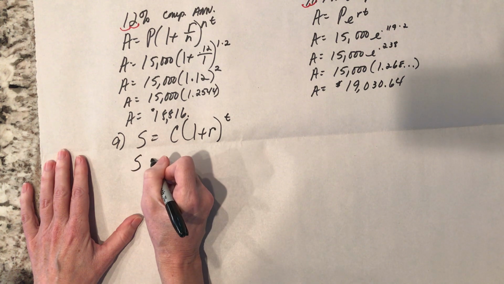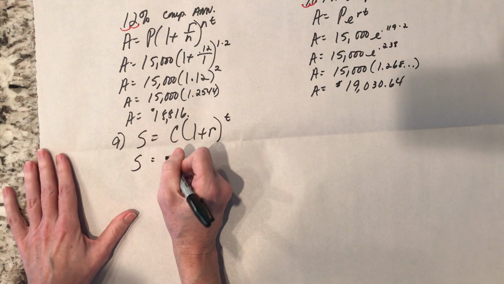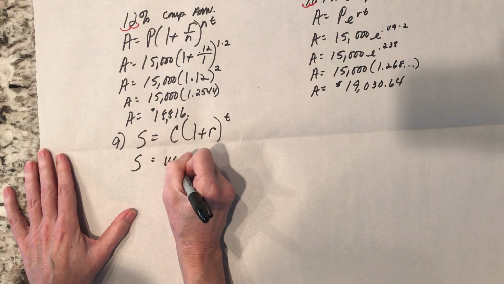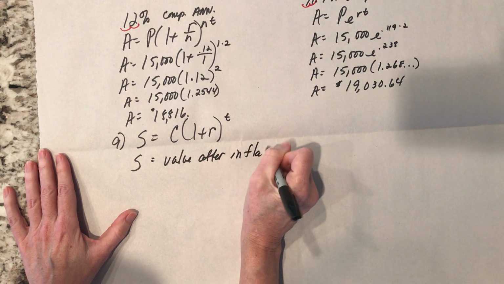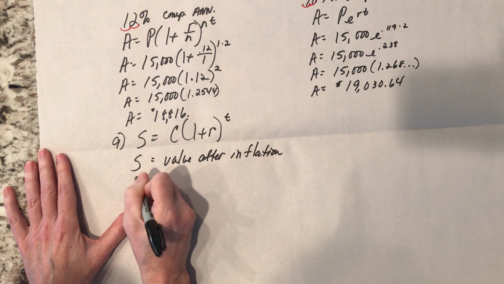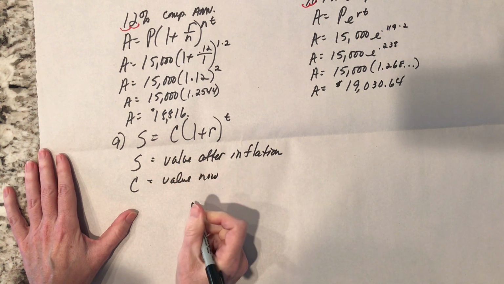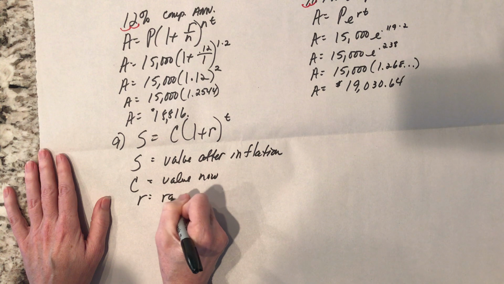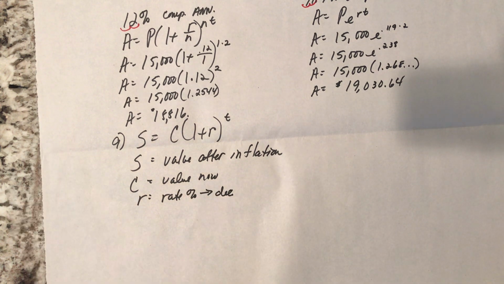Let's see what we're looking at. S is going to be the value some number of years later, the value after inflation. C is the value now of whatever we're talking about: a loaf of bread, a house, whatever. R is again the rate, that's a percent, but we're going to have to change it to a decimal just like before.